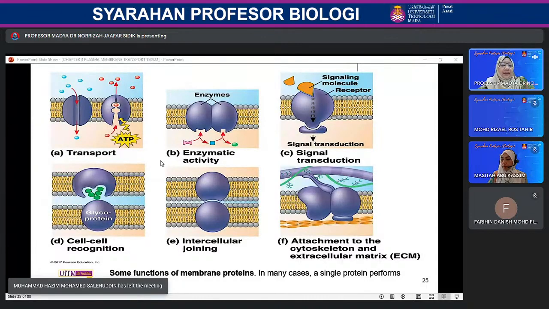The second is that it is involved in enzymatic activity, and it is also involved in signal transduction, cell recognition, and intercellular joining. And the last function is where the membrane protein attaches to the cytoskeleton and extracellular matrix. I'll go into detail on each function.